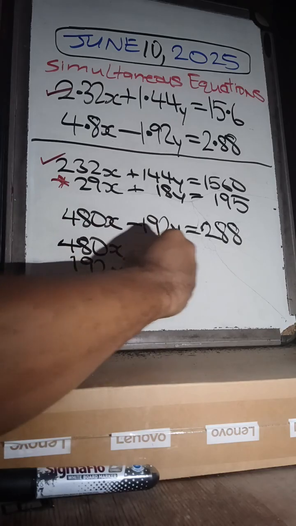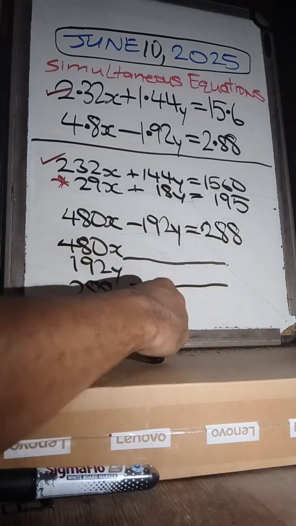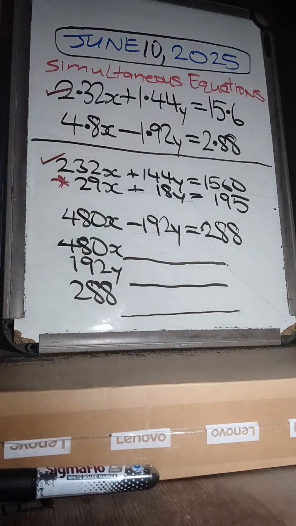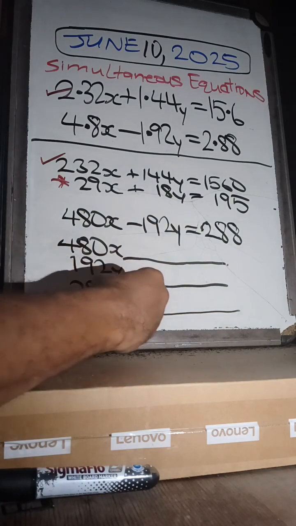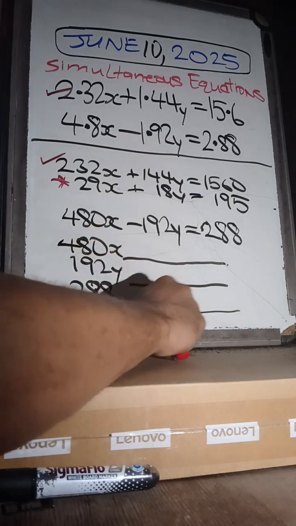Now, something interesting about this. If I add 144 to itself, just so that I'm making it all make sense, I get 288.